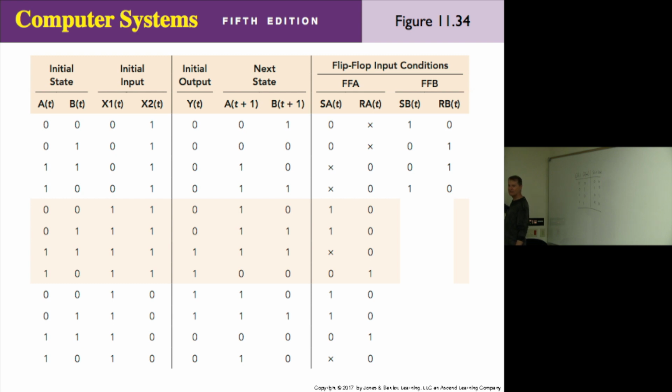Okay, back of the room, back row. Zero X. X0. X0. 1, 0.